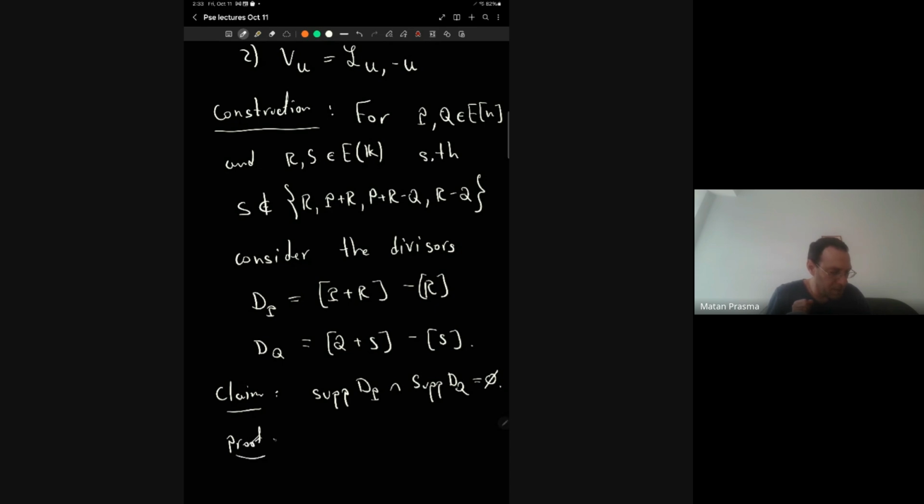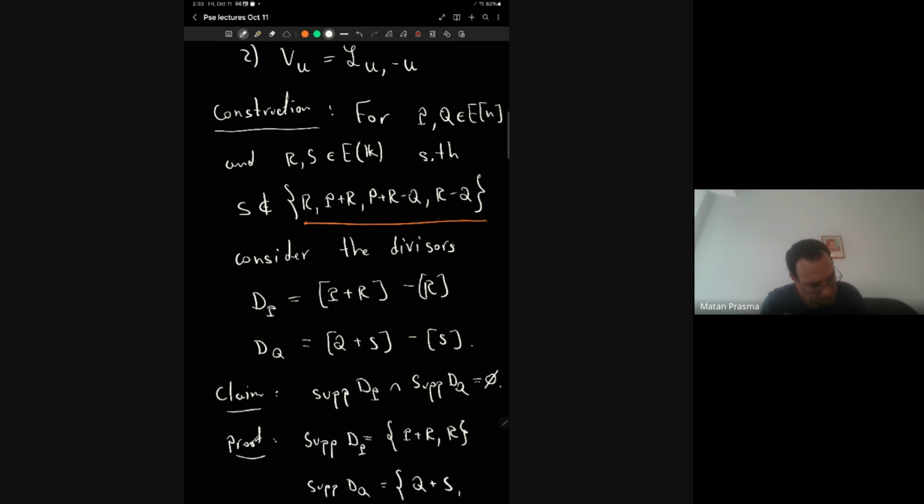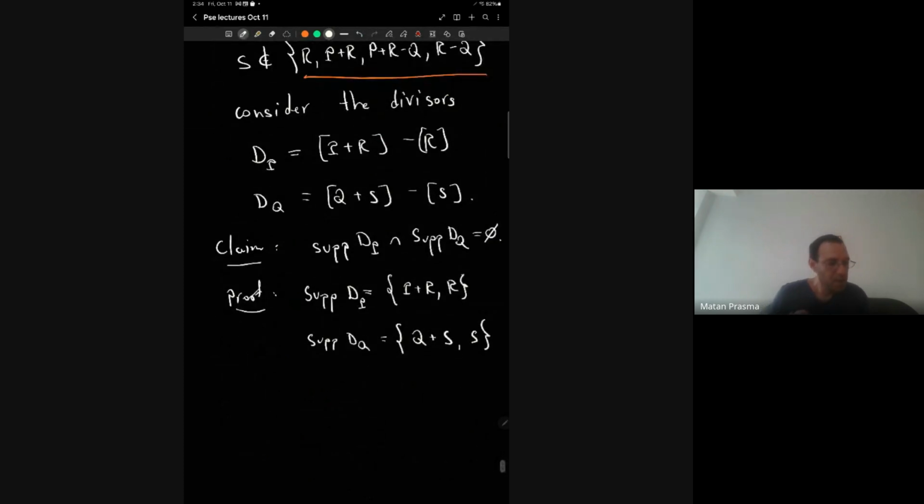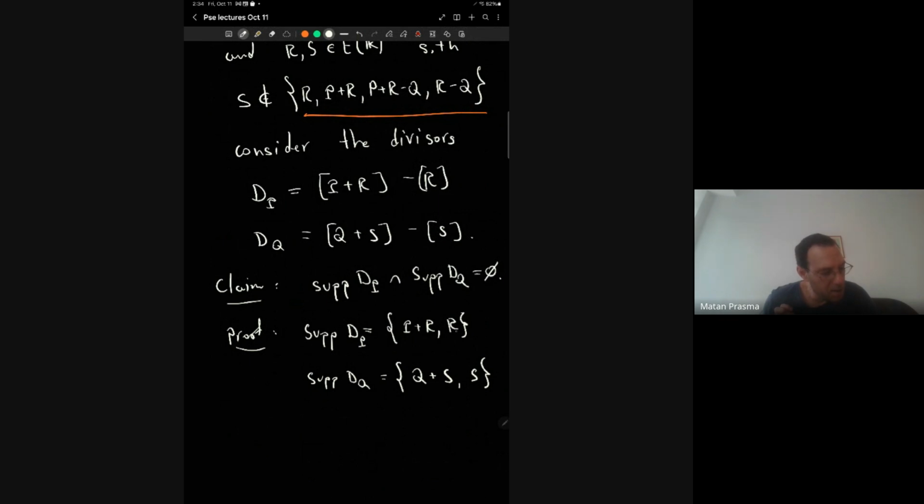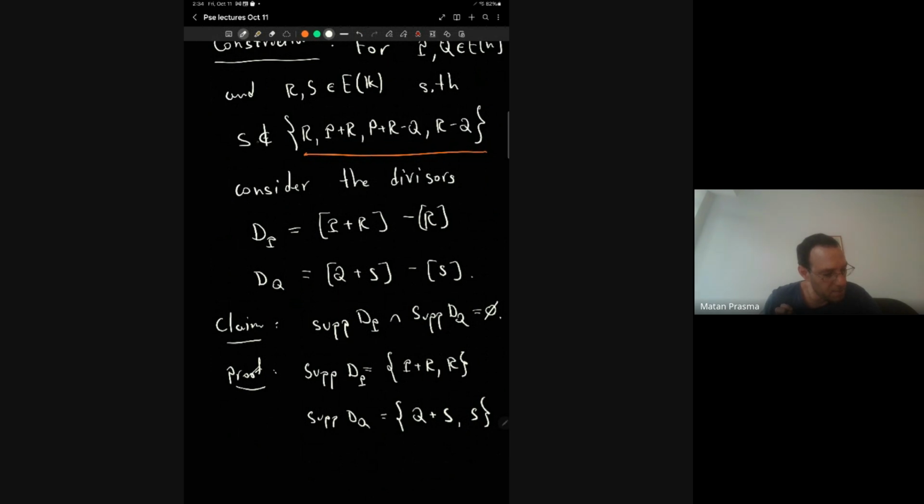And this is a routine check, but let's do it. If S does not belong to this orange set, then the support of d_P is P plus R and R, and the support of d_Q is Q plus S and S. Now, S cannot be equal to R because S does not belong to the orange set.